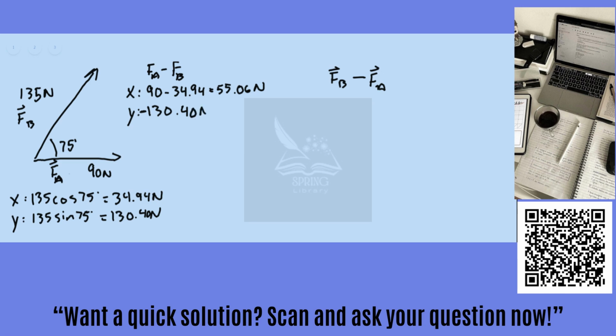All right, so we can find the magnitude of f sub a minus f sub b using the Pythagorean theorem: 55.06 squared plus 130.4 squared. That magnitude is going to be 142 newtons.